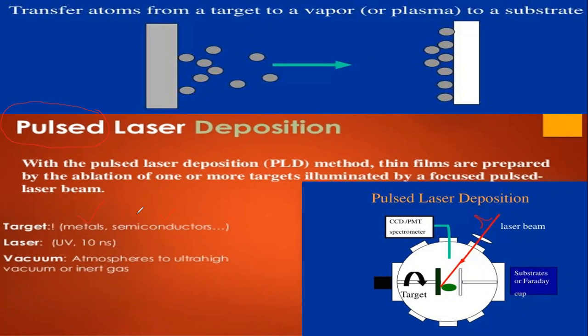and therefore this process can occur in ultra high vacuum. Okay, all the process requires ultra high vacuum, so inside the chamber is totally evacuated by a vacuum system. We already learned about the vacuum system in chapter number one. The laser runs with a ultra high vacuum system, and the pulse duration is approximately 10 nanoseconds, so that type of laser is required.